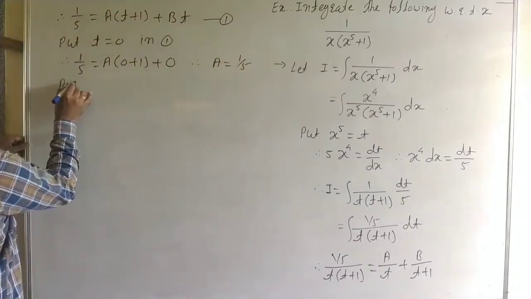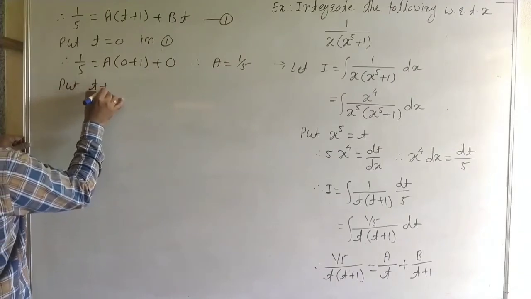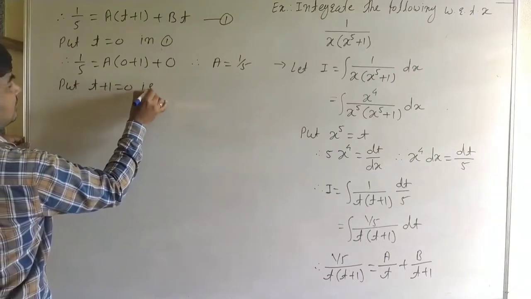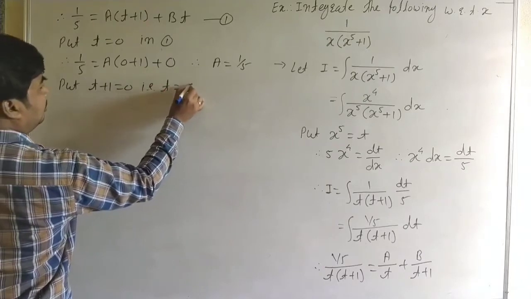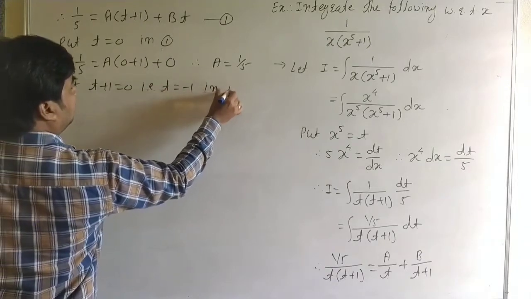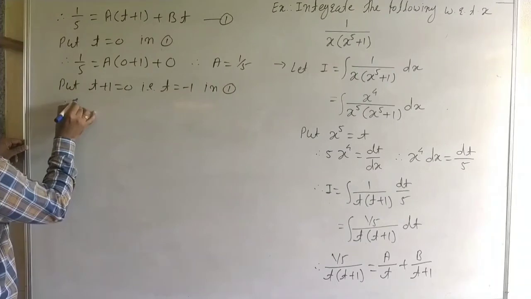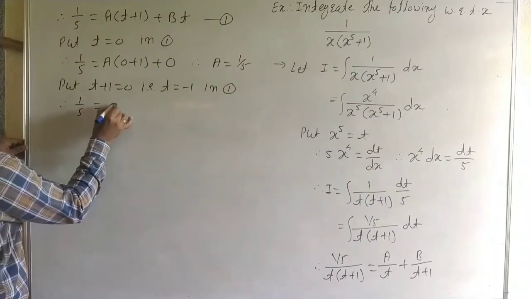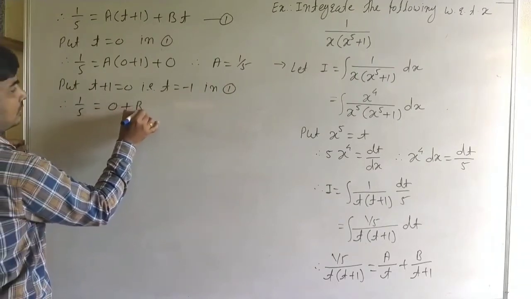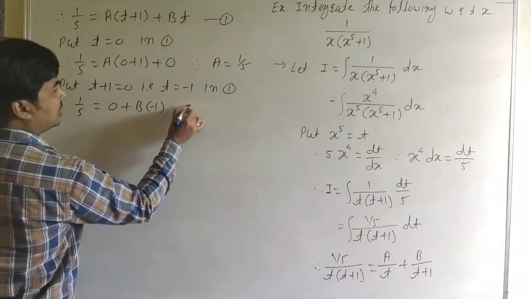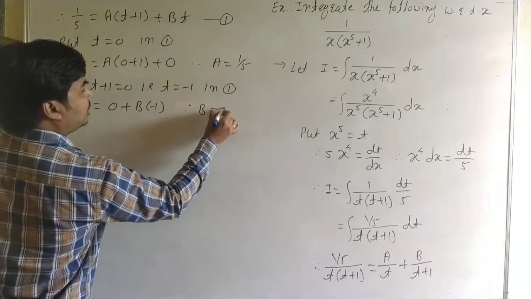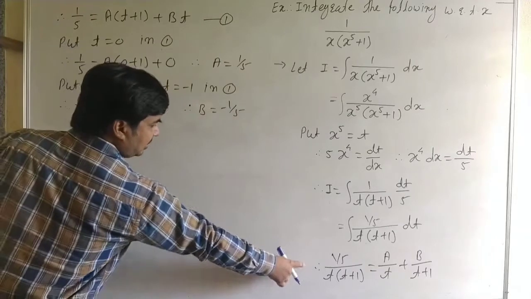Put t plus 1 equal to 0, that is t is equal to minus 1 in equation number 1, and therefore you get 1 by 5 is equal to 0 plus b into minus 1, and therefore b is equal to minus 1 by 5.